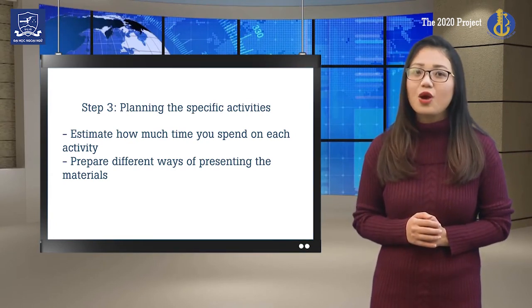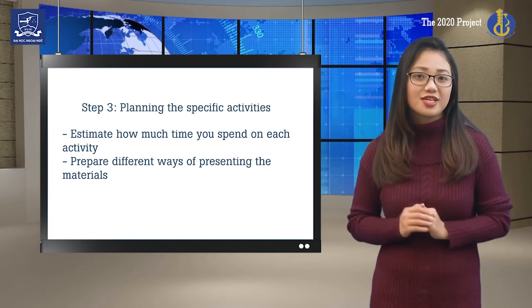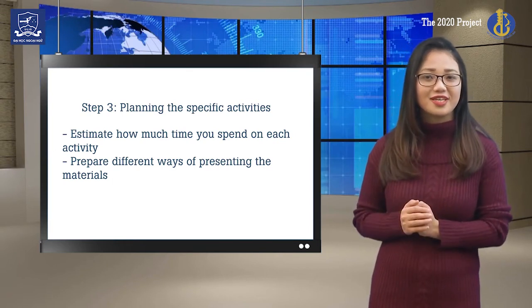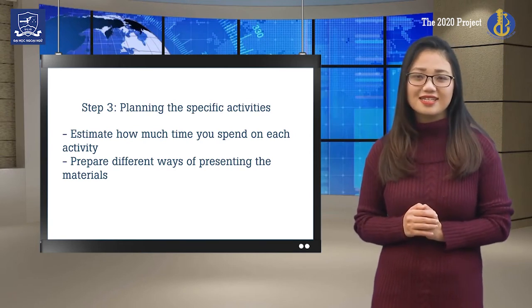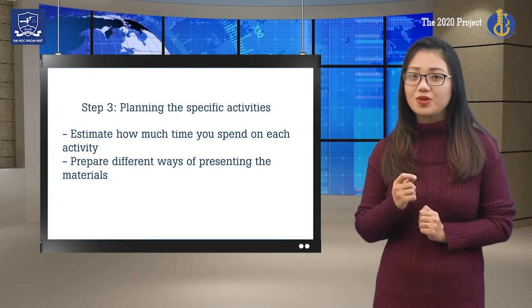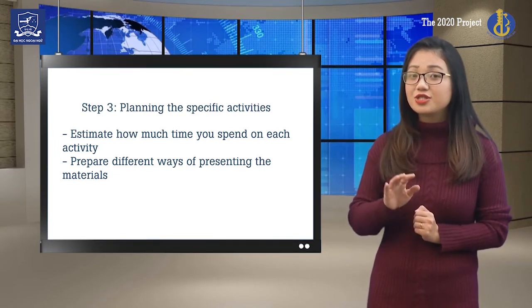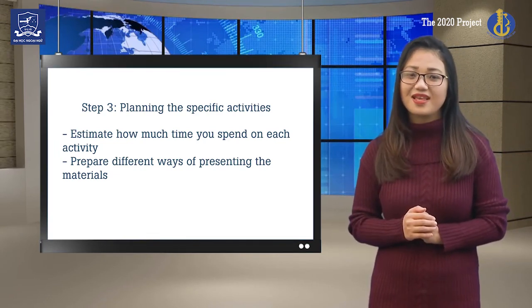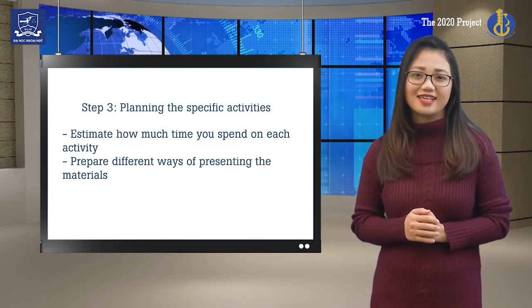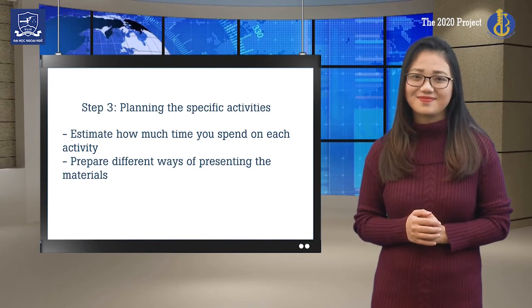For example, when you teach the word tree, some students may prefer to see pictures of trees, some may like listening to a song about trees, and others may even want to go out of the classroom to touch some trees. These different ways would help to cater for students' ability and preferences.